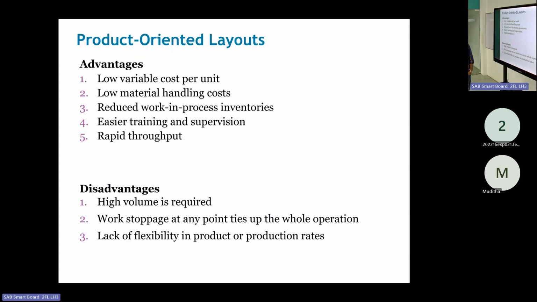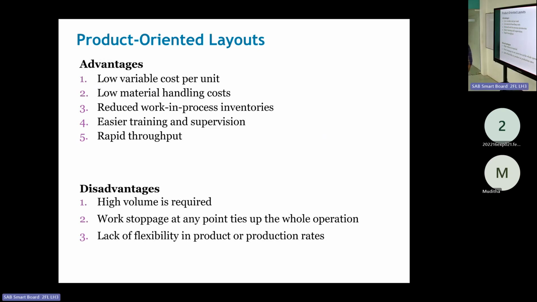The advantages are given here. Low variable cost per unit because of the efficiency. Low material handling cost because workstations are located next to each other. No additional material handling efforts. Reduced work in progress inventories because processing rates are faster.